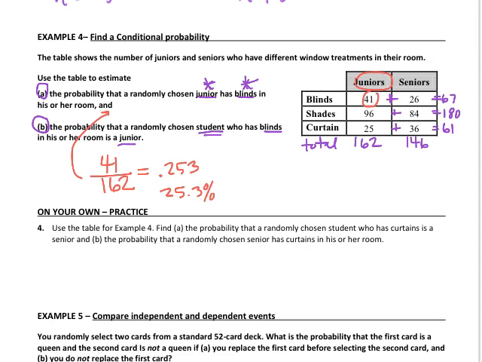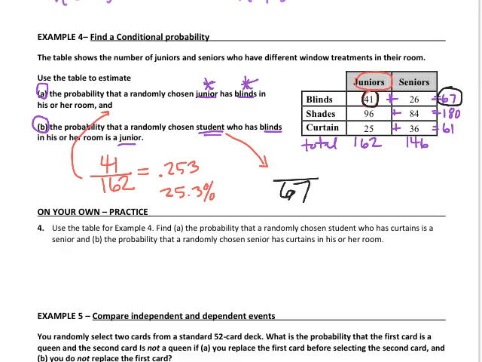chance that a junior that I happen to survey has blinds. All right. Now for part B, this over here, we're going to do the probability that a student has blinds is a junior. So we have to look at the number of students that have blinds. Total is 67. And how many of them happen to be juniors?